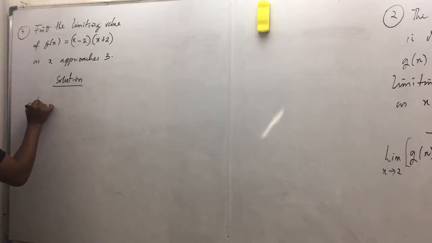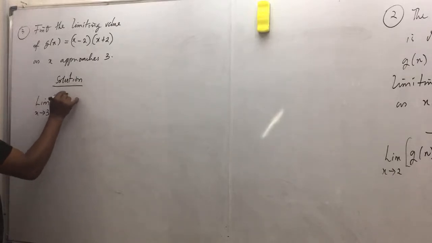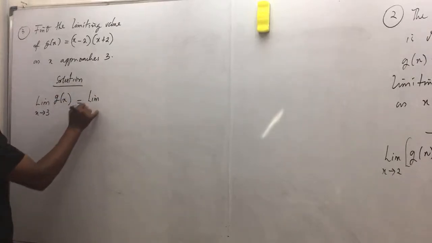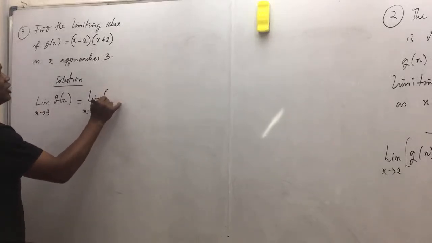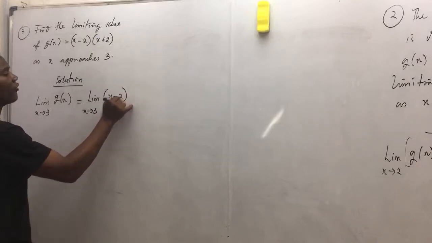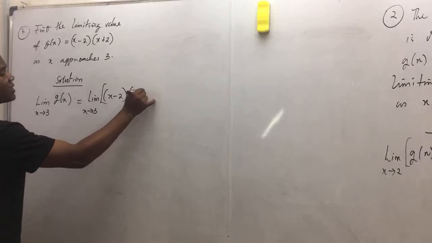So if I'm taking the limit as x approaches 3 of g of x, doing this will be the same thing as taking the limit as x approaches 3 of what g of x is. And mind you, g of x, we are told, is a product of two functions. One of them is x minus 2 and the other one is x plus 2.